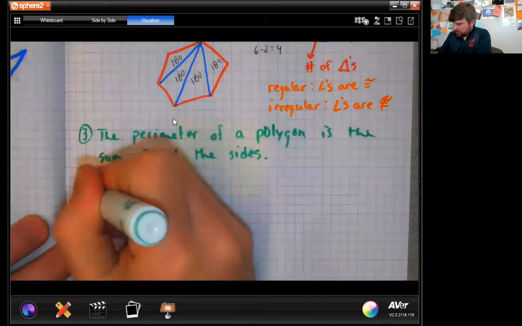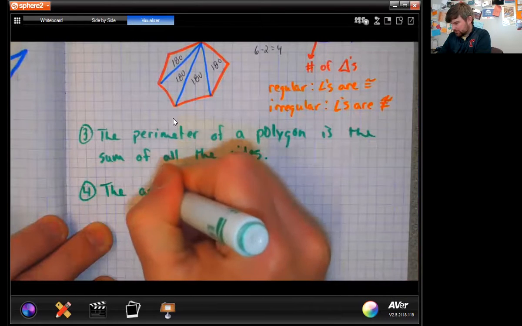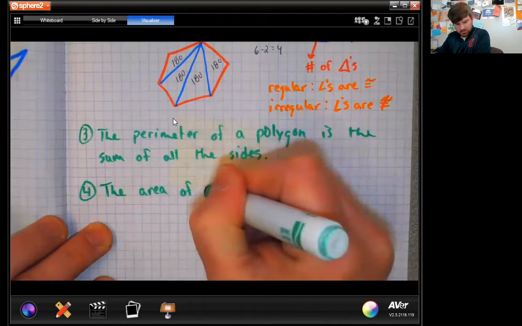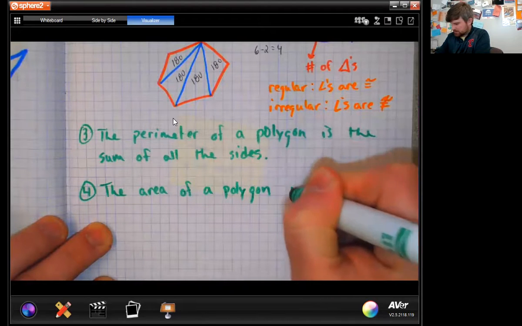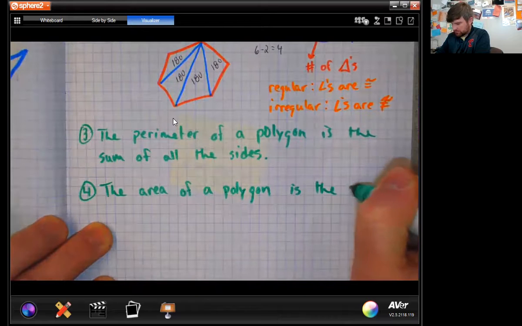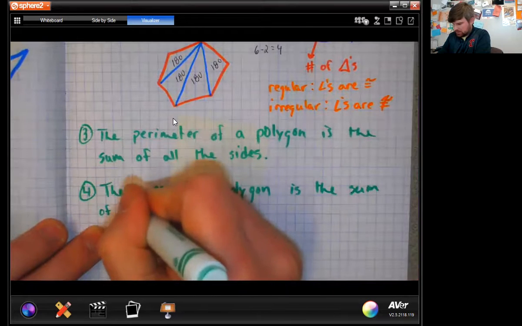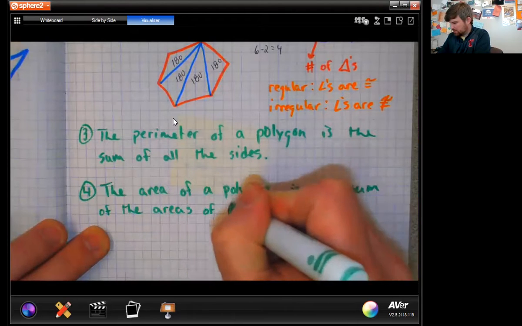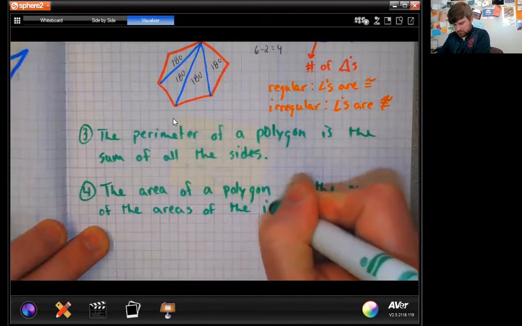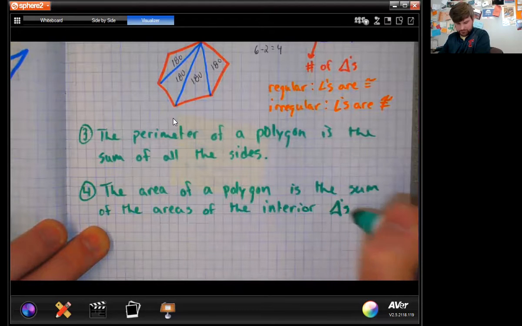And number 4, our last one here, the area of a polygon is the sum of the areas of the inner or interior triangles.